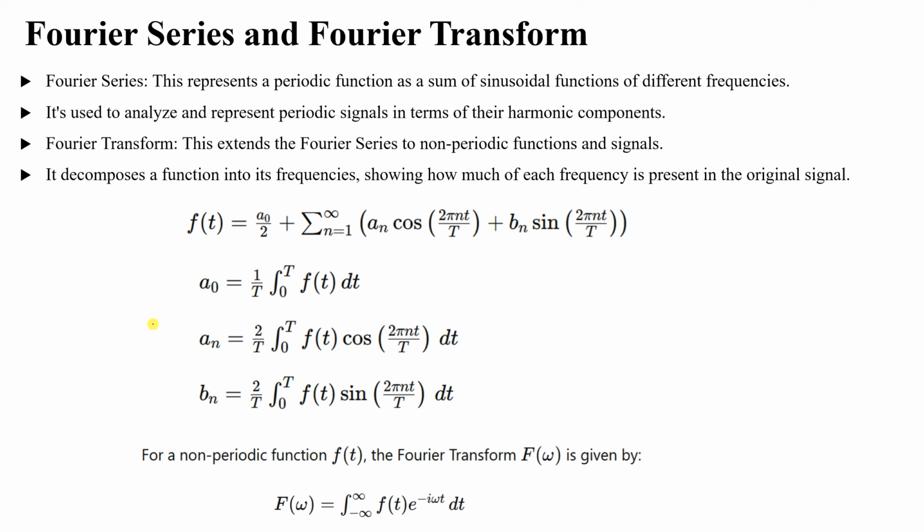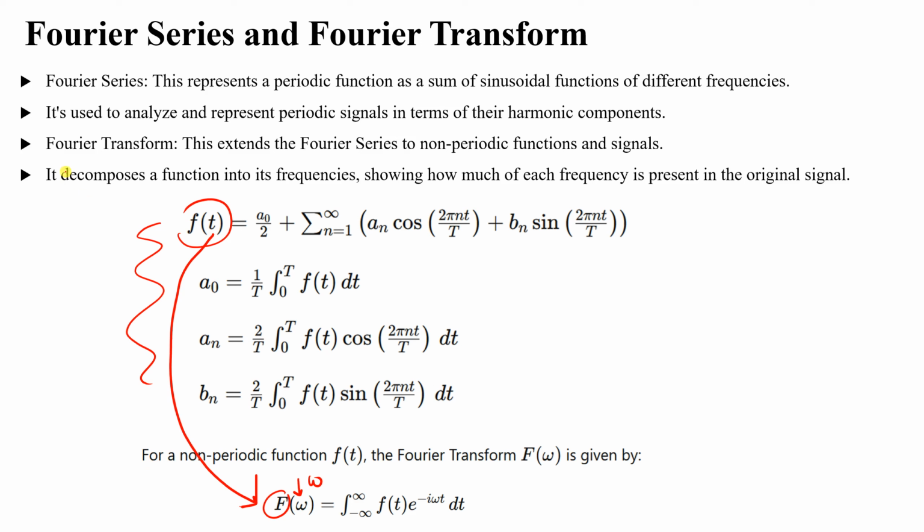So this is Fourier series, a function decomposed into sine, cosine, and a DC component. For Fourier transform, the function becomes a function of omega, the angular frequency. So we convert it from the time domain to the frequency domain.